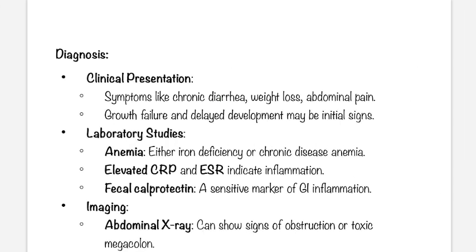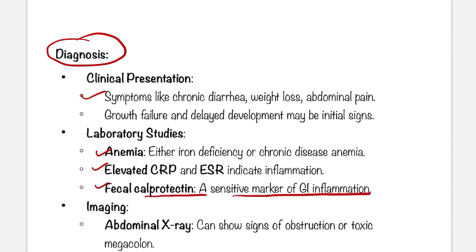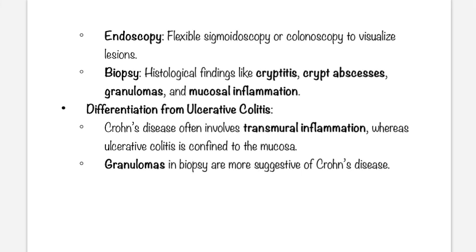How will you diagnose Crohn's disease? Like symptoms, we have seen laboratory studies as with any IBD: anemia, CRP and ESR elevated, and fecal calprotectin, which is a sensitive marker for GI inflammation, seen in both UC and CD. Imaging, you will do an abdominal X-ray, that is fine.